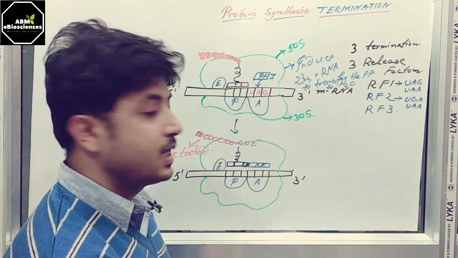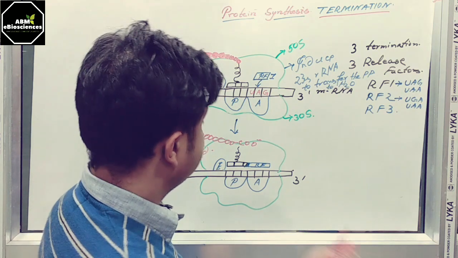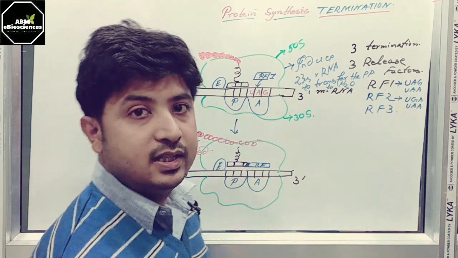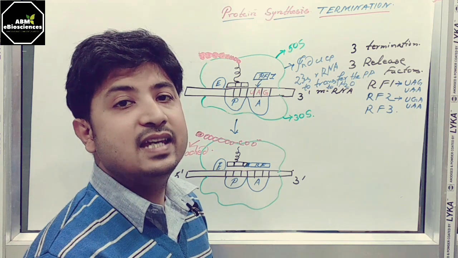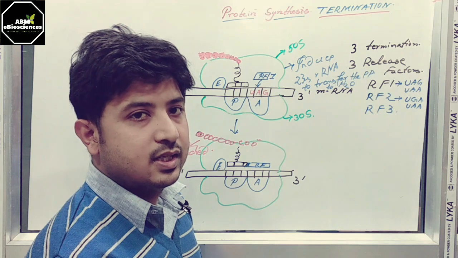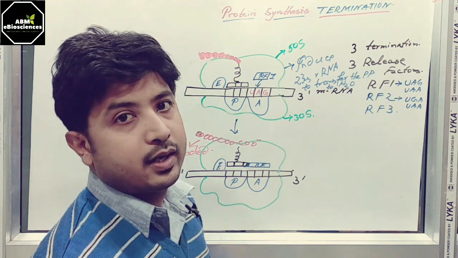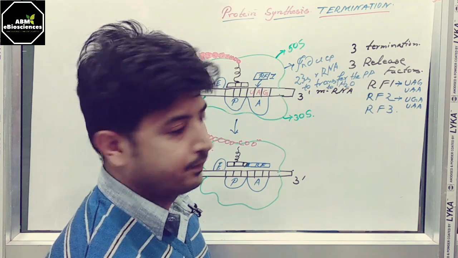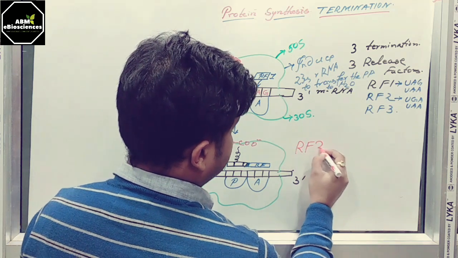This is a step of the termination process, but there is still a P site where the tRNA is bound, and the tRNA is deacylated, meaning no polypeptide or amino acid is bound, and there is an A site where release factor RF1 or RF2 is bound. Now here comes RF3.